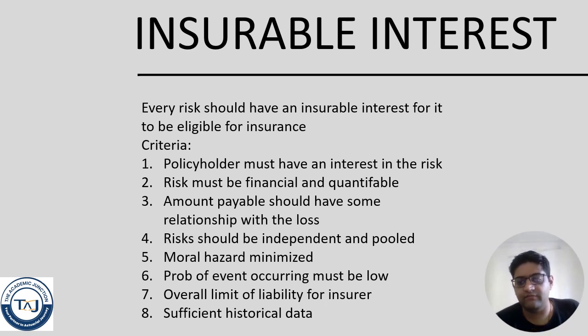But if the insurer has no obligation to legally provide it, most often than not, insurers will not provide unlimited liability policies. There should also be sufficient historical data to provide the insurer with information to price the policy. So this is also another important aspect. If there's no data, it's not that insurers can never price it, but preferably insurers should have sufficient historical data.